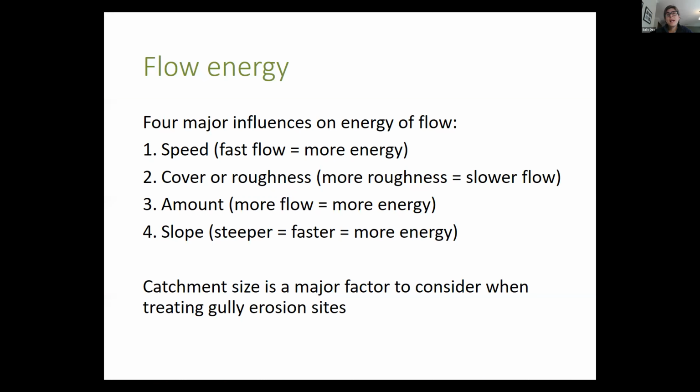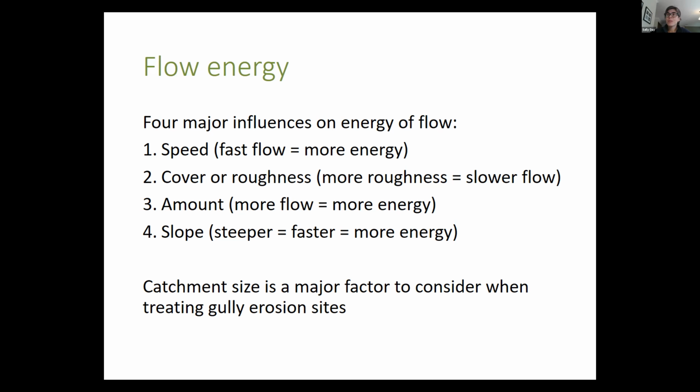So, the four major influences on energy of flow. Energy is your big driver for how serious the erosion can end up on your property. The first is the speed at which the water flows over these areas, over these gullies or on your drainage lines. The faster it flows, the more energy it has, the more capacity it has to remove material.